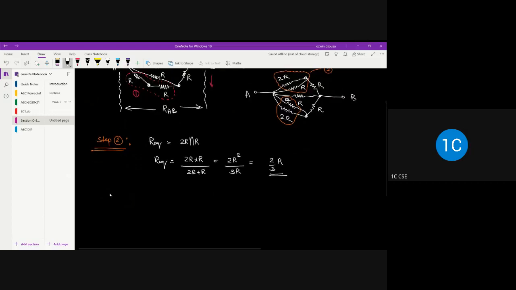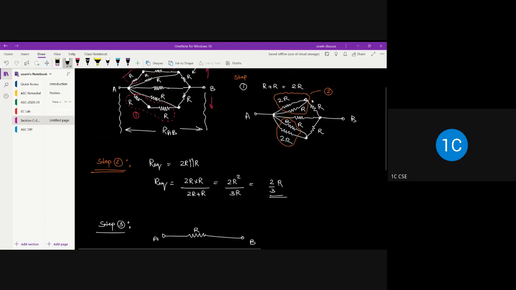That leads me to step 3, in which I have a further reduced network. First, I'll draw the straight resistor R, and then the equivalent resistance. What is that equivalent resistance?